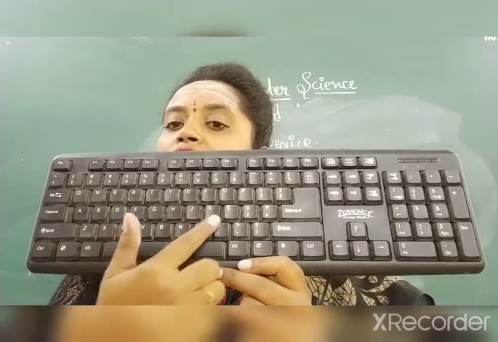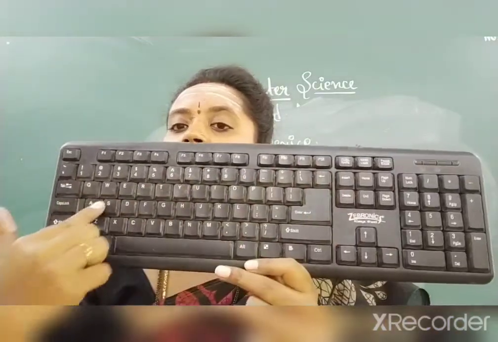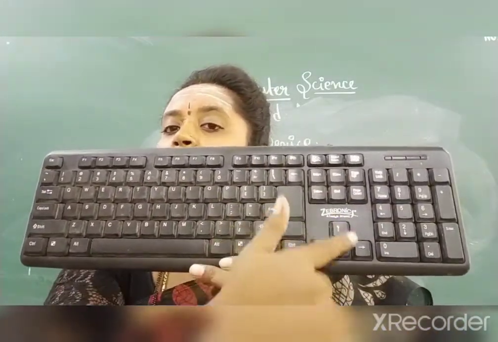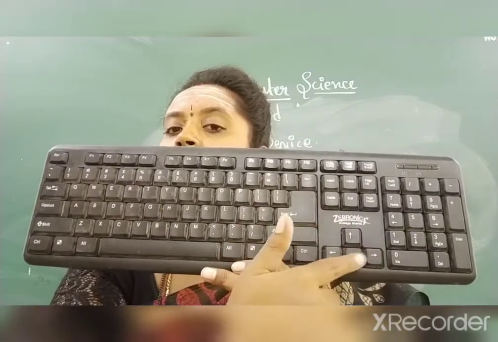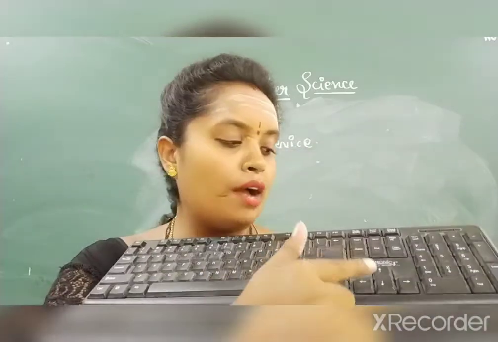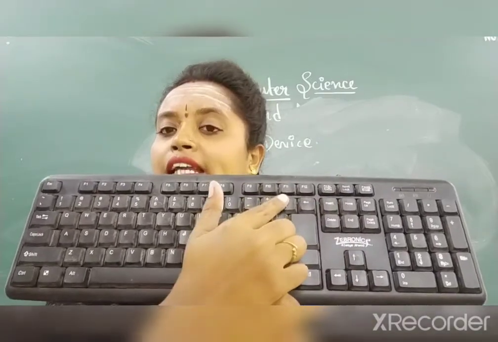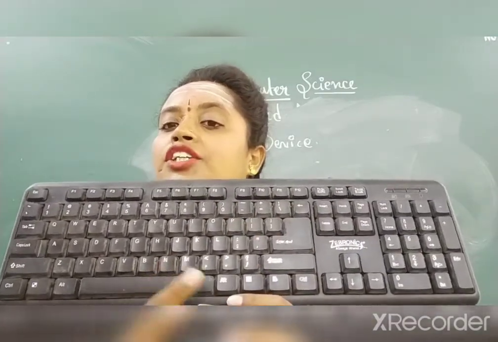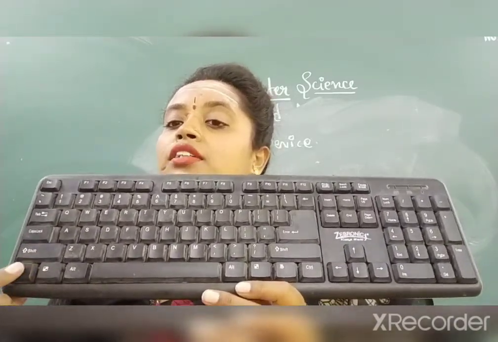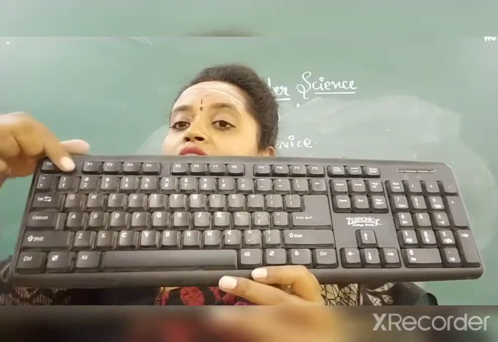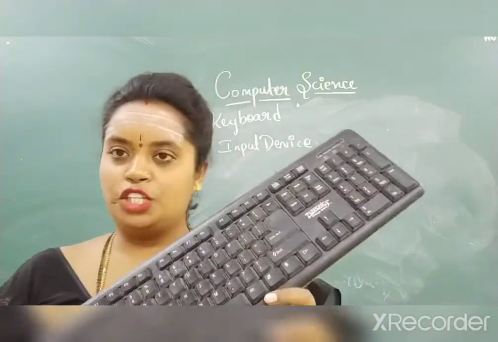You will have the alphanumeric keys, alphabets and numbers, and arrow keys which will move up, down, right and left. Then you have the insert option, backspace button, delete button, enter key, shift key, alt, control key, space bar key. Then what else you can see? Function keys. Fine. We'll be seeing each one of them.